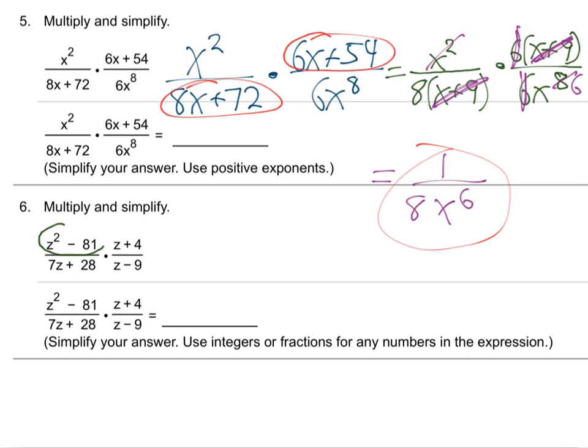So this piece right here, how does that one factor? Difference of squares, remember z plus 9, z minus 9?